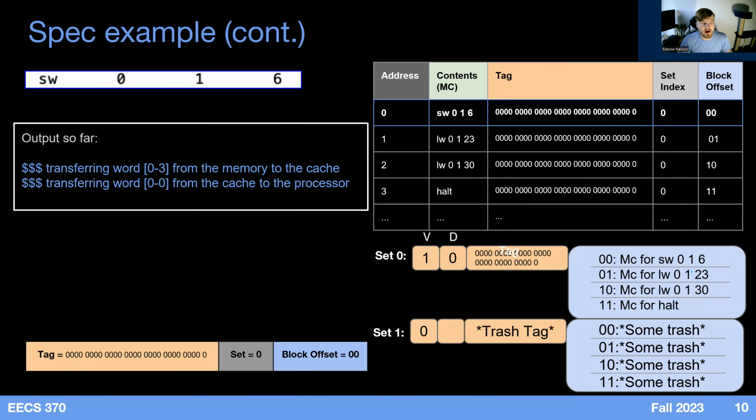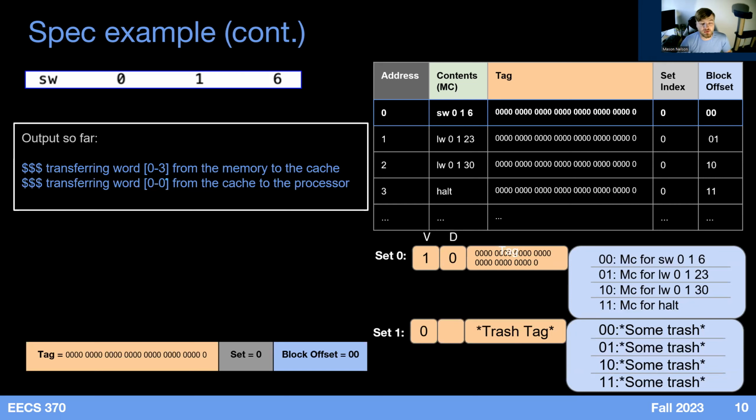And so from that, we would get a couple actions. First, we would print out that we are transferring the entire block that contains this machine code from memory to the cache. So that is from addresses 0 to 3, because that makes up this very first block. And then we need to actually get the machine code to the processor. And so we will transfer that from the cache.